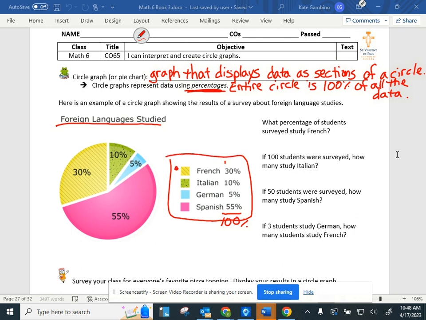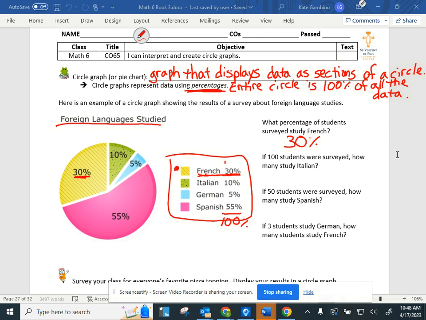I'm going to look for the French, and I'm going to see, okay, when it's in color, it's the yellow with the dotted lines. Yours is in black and white. You can still see which section has those dotted lines going diagonally. So if I look at that, I can look over here. I have a percentage here. I have that same percent in my key. What percentage of students is it, James? Oh, 30. 30%.